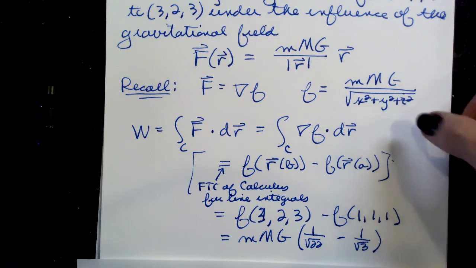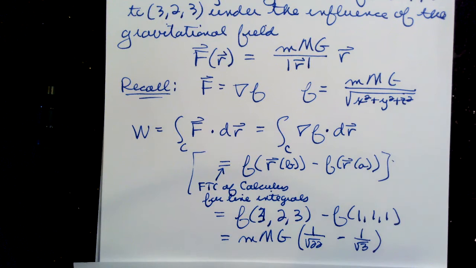And that's independent of whatever path you took to get between those two points. That's consistent with what we learned earlier in this module: if you have a conservative vector field, then the line integral between any two points is independent of the path you chose to get there.